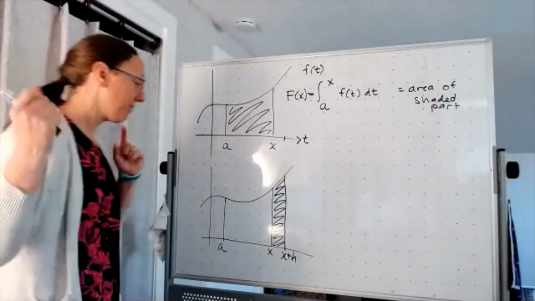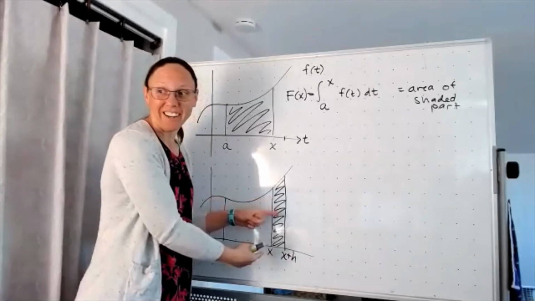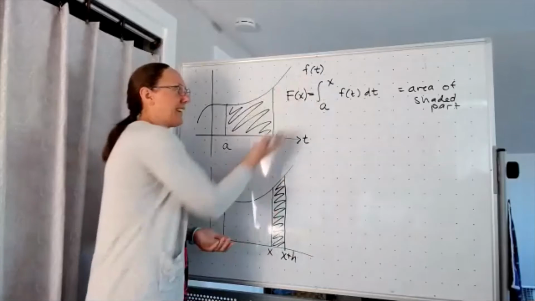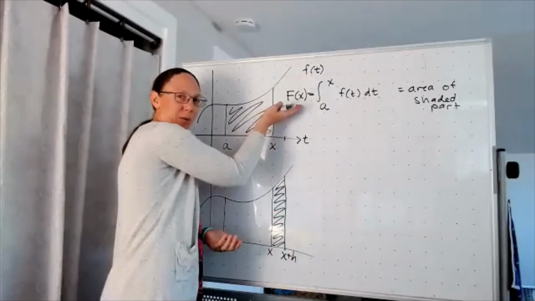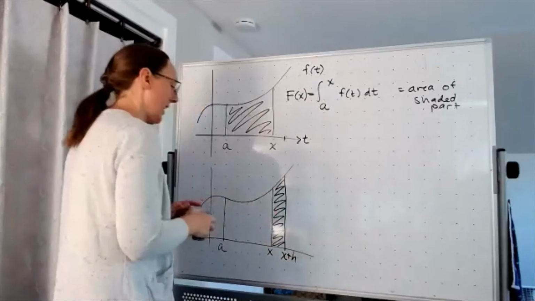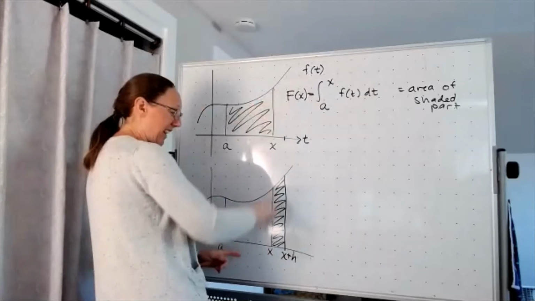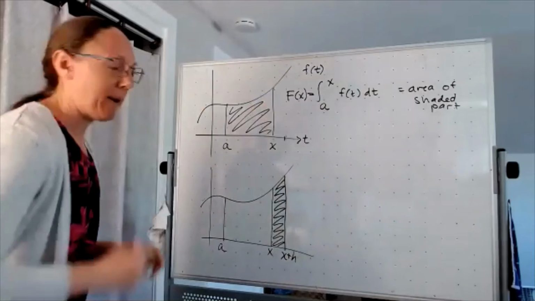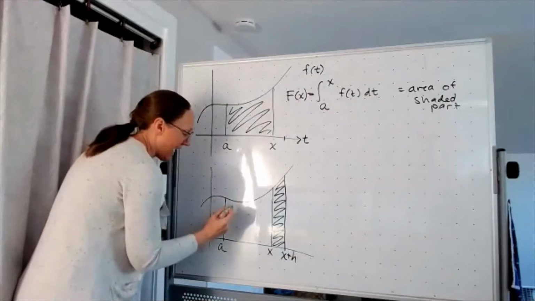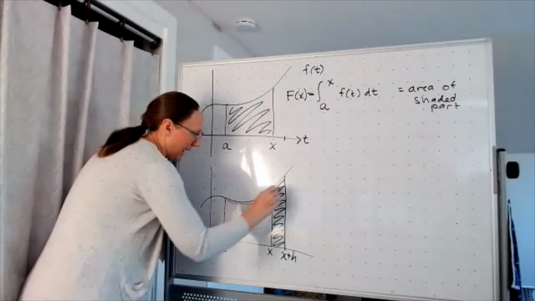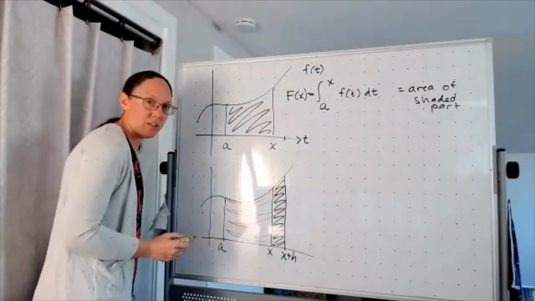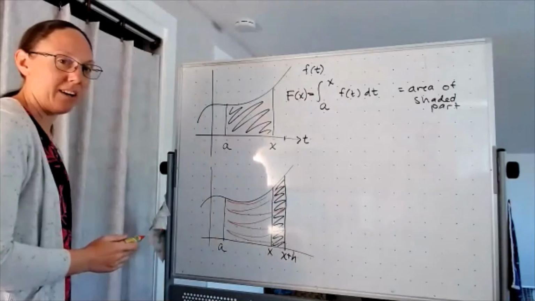So I want to find that area in there. And as a function, now that I have this convenient notation up here, I know that that area that I want, I could get by thinking about the entire area from a over here to x plus h. Sorry, that glare is really bad.